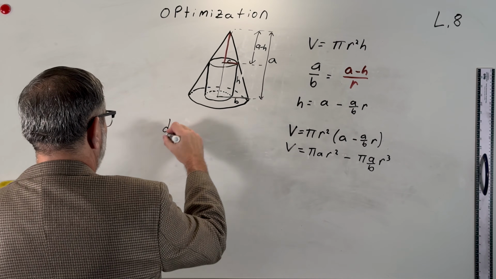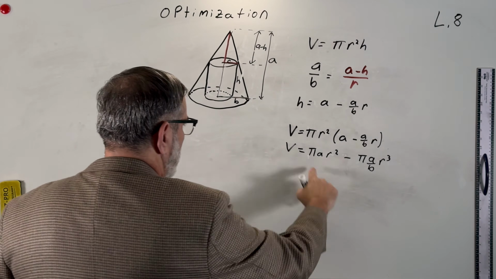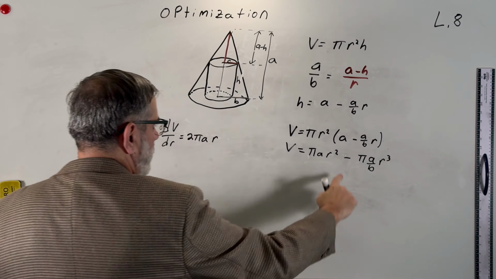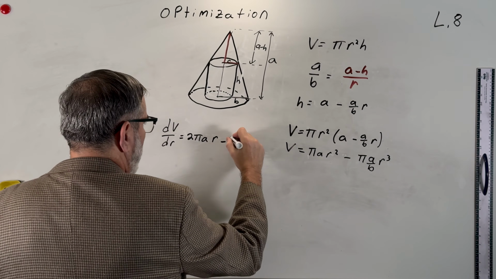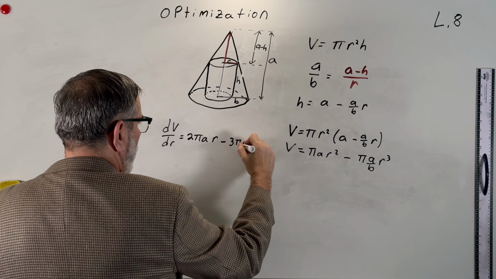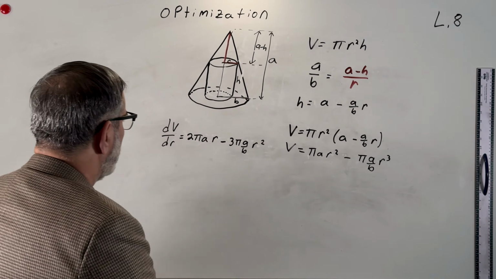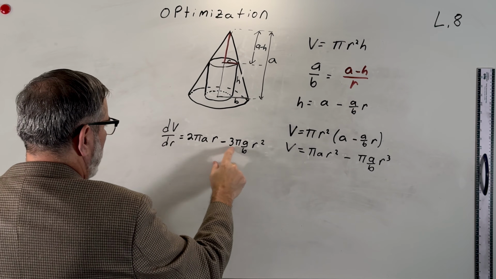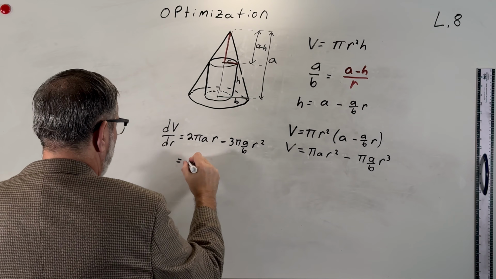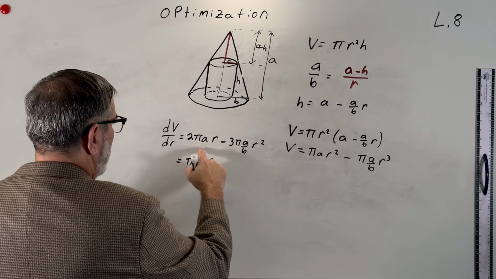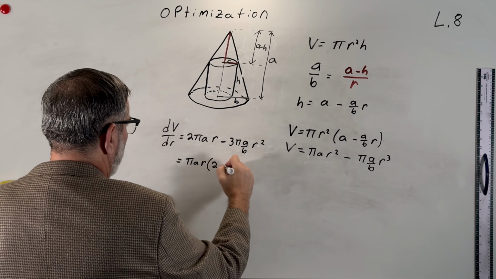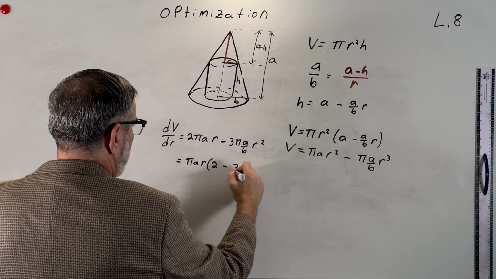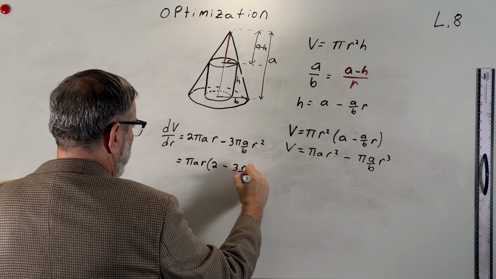Okay, so dV/dr, the first term will give us 2 pi a times r. The second term will give us 3 pi a over b r squared. I would recommend factoring. I can get a pi, an a, and an r out of this. Pi a r, that leaves behind a 2 minus 3r over b.